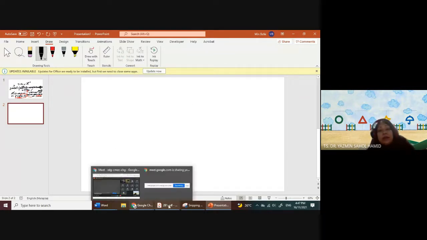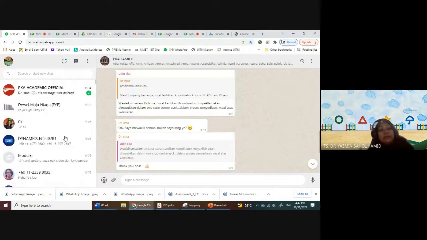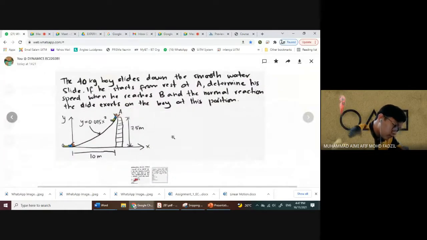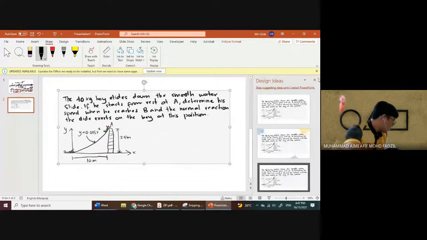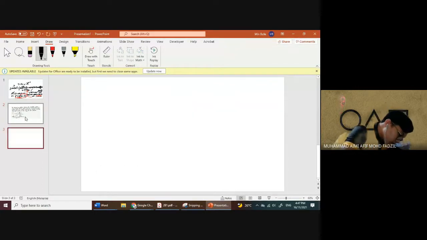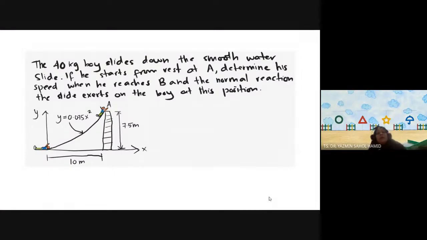Okay, now let's go back to the question. There's one more question I gave, right? Okay, have you copied this one? The 40 kilogram boy slides down the smooth water slide.